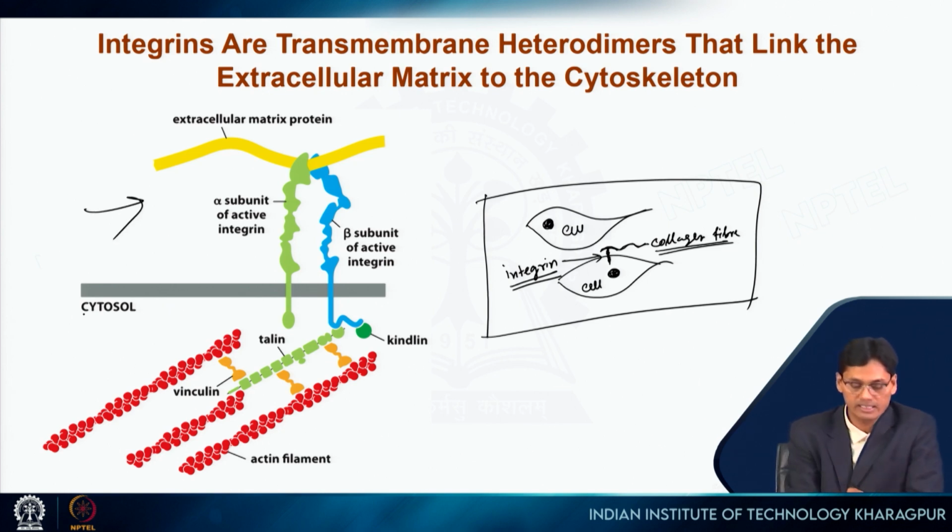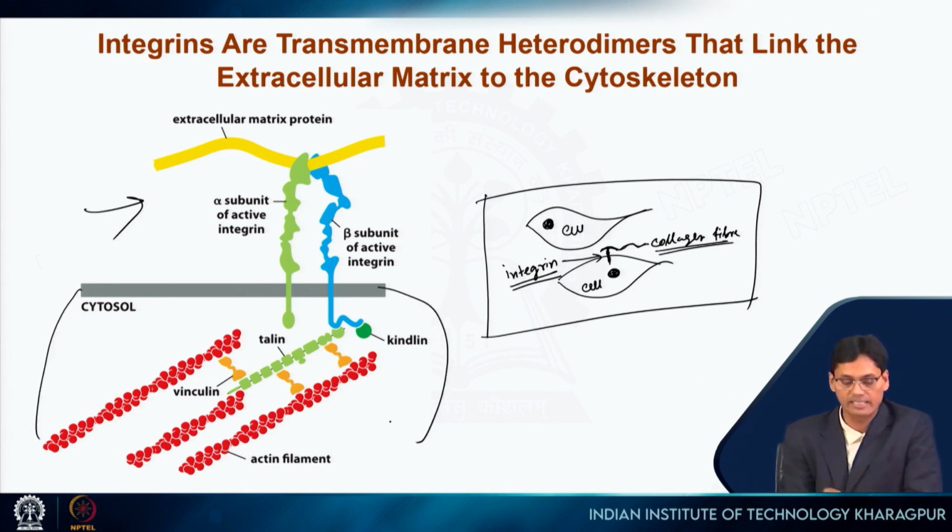You can see this is one cell, this is the cytosol, and this is the cell membrane, and now you have this integrin. There is the beta subunit of integrin and the alpha subunit of integrin.